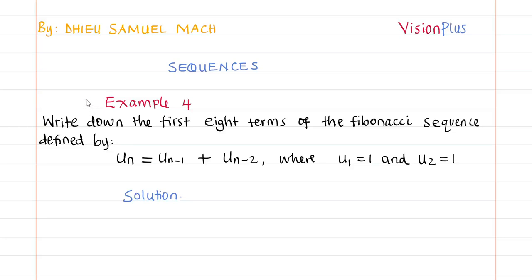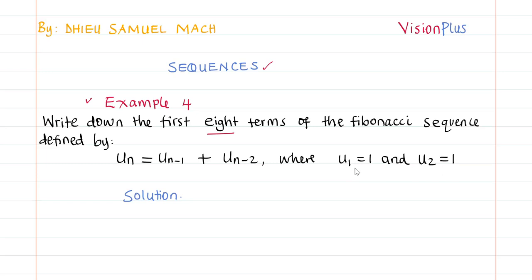Example 4, under sequences, write down the first 8 terms of the Fibonacci sequence defined by u_n equals u_(n-1) plus u_(n-2), where u1 equals 1 and u2 equals 1.